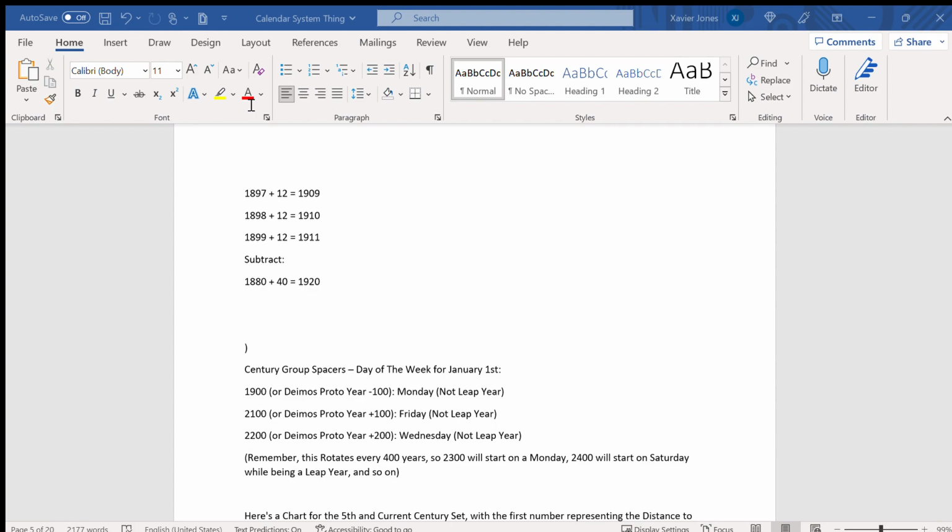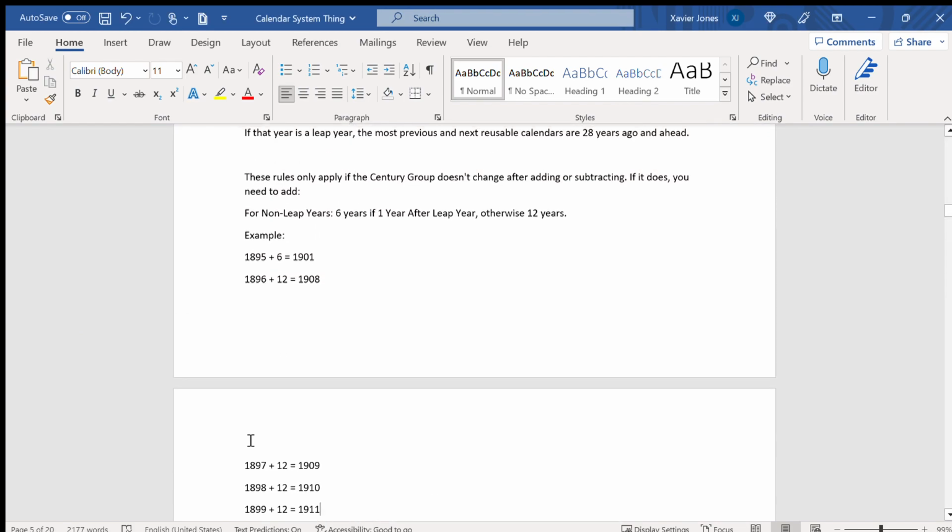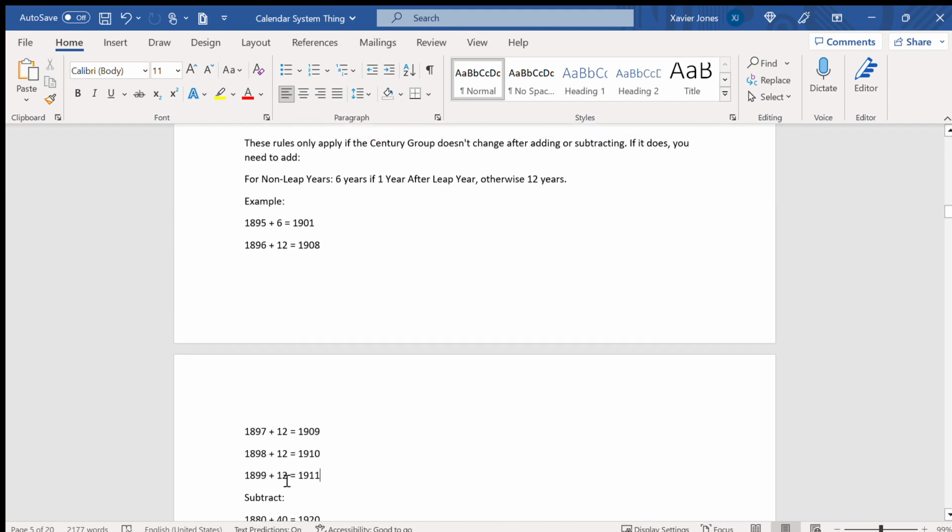Is 1905 a yes Sunday? Or no Sunday, sorry. It is? Well, we just found the jackpot. The next reusable calendar is actually 1905.